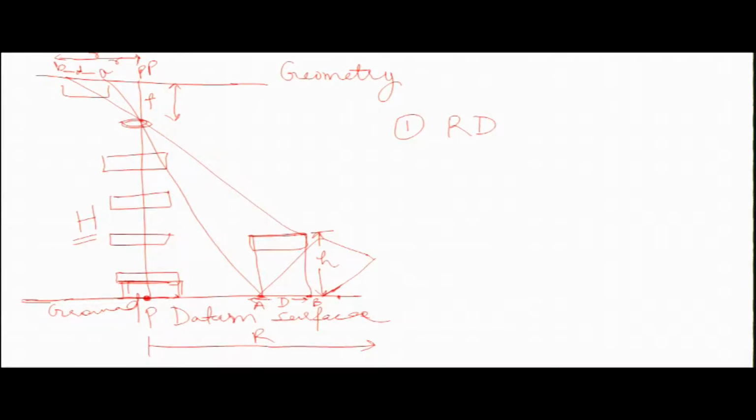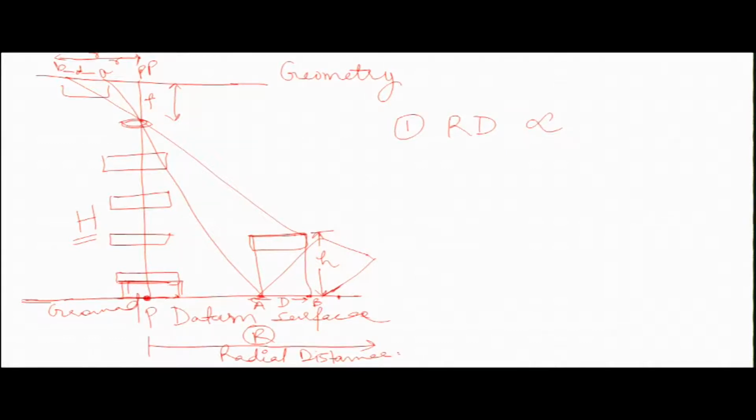So what it means that relief displacement is directly proportional to this distance, this capital R. So what is this? This is your radial distance. Okay.